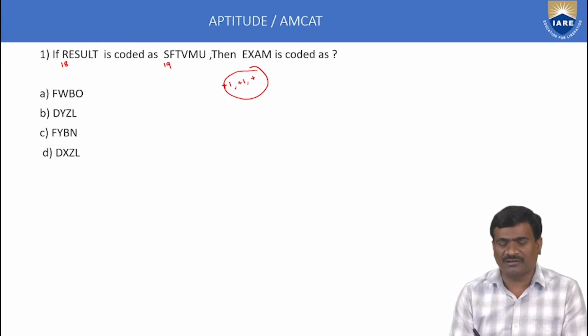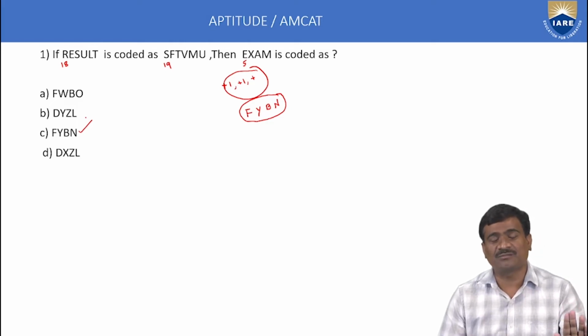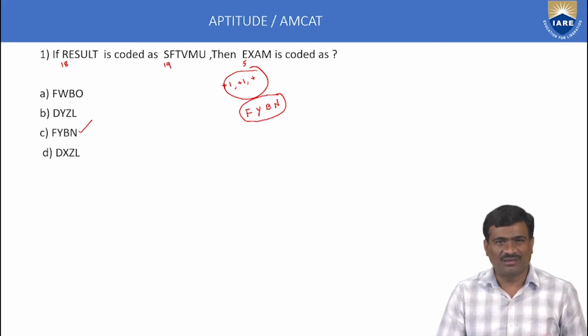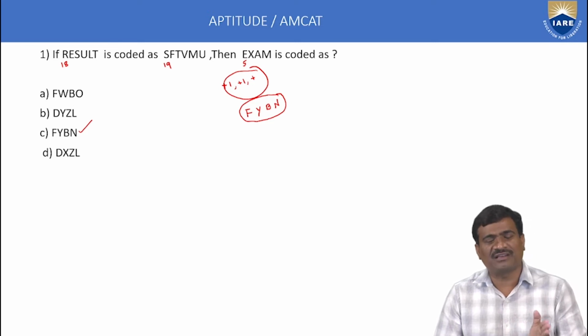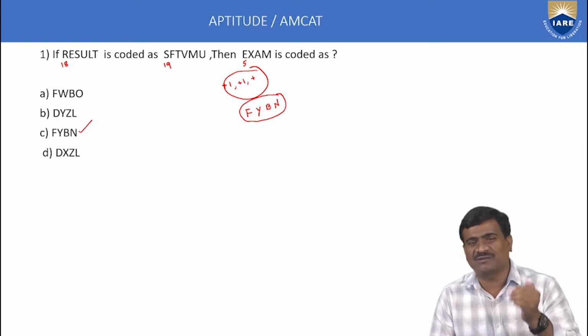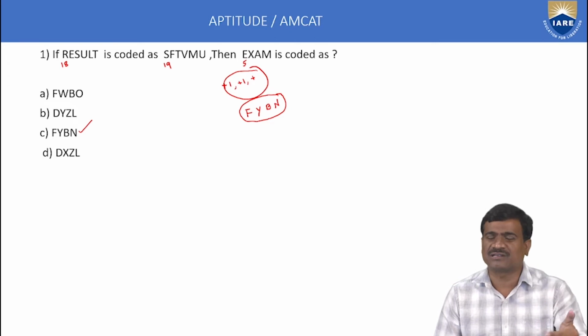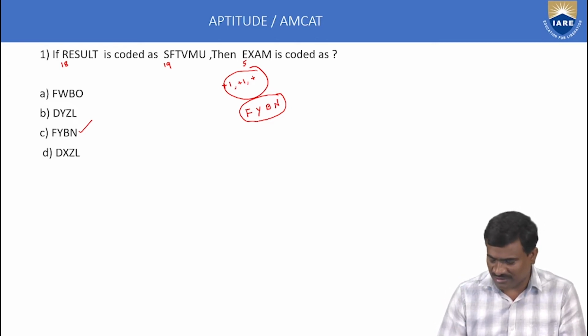Apply the same logic to the given problem: E is number 5, next letter F; X, next letter Y; A, next letter B; M, next letter N. Then the answer is FYBN, option C only is correct. But the answer must be unique, following a perfect sequence throughout the entire statement; only then is it the answer of the given example.